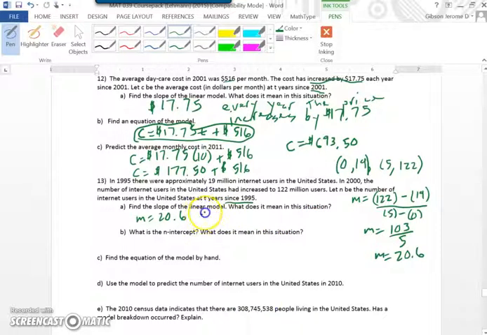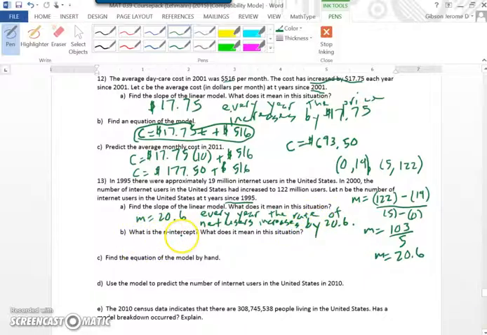And now, it would be every year the rate of net users, I'm going to put net instead of internet. You can put internet on your paper. Of net users increases by 20.6. And that's what it means.